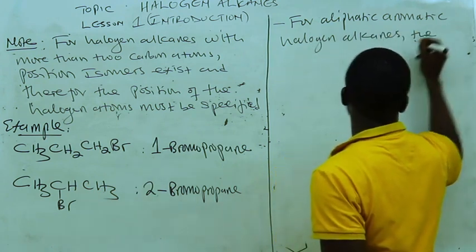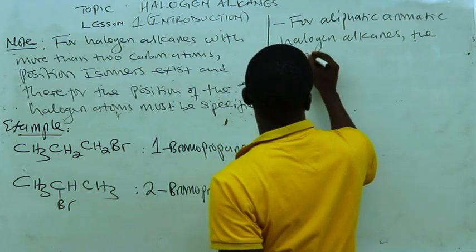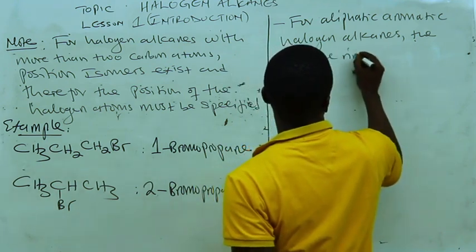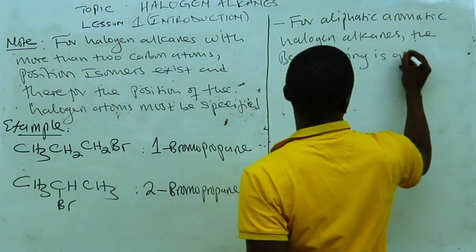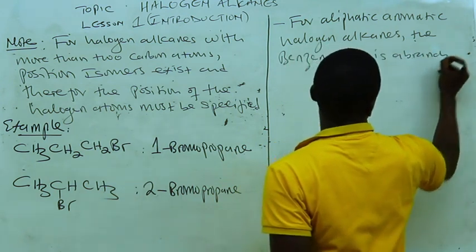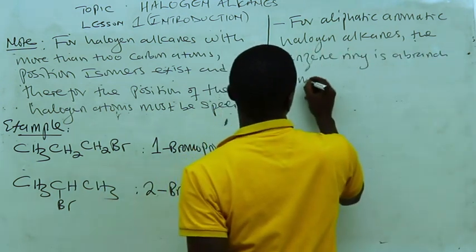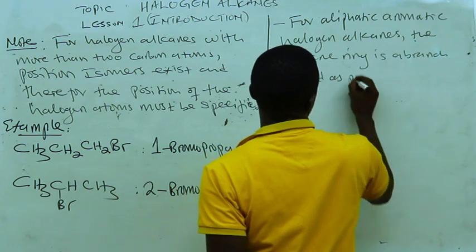The benzene ring is a branch named as phenyl.